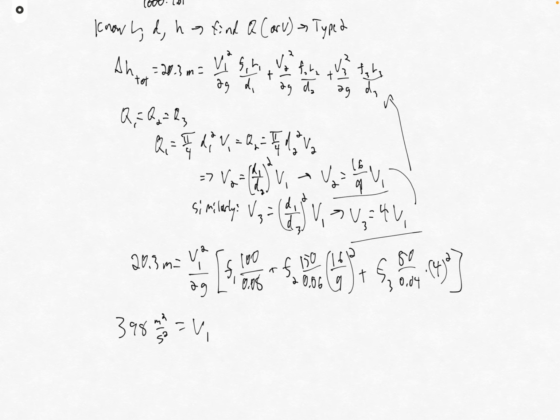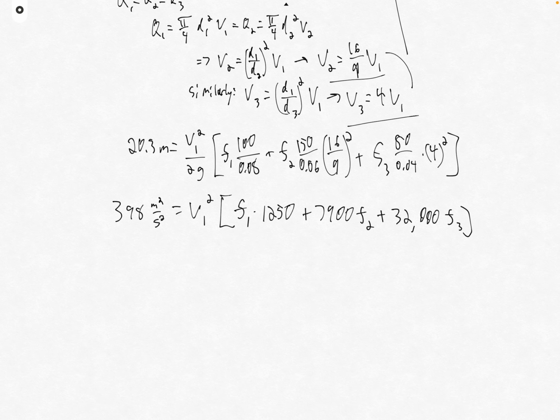This is equal to V1 squared, remember, V1 is still unknown, times f1 times 1250 plus 7900 times f2 plus 32,000 times f3.